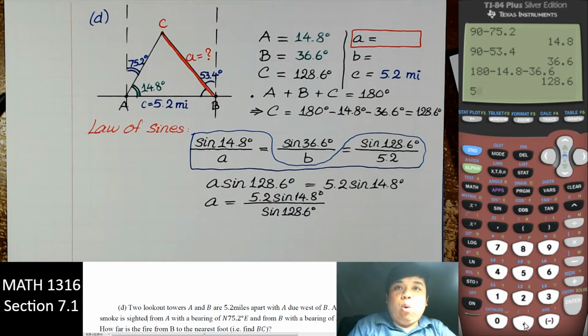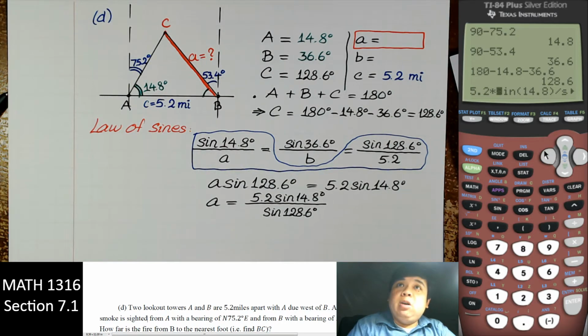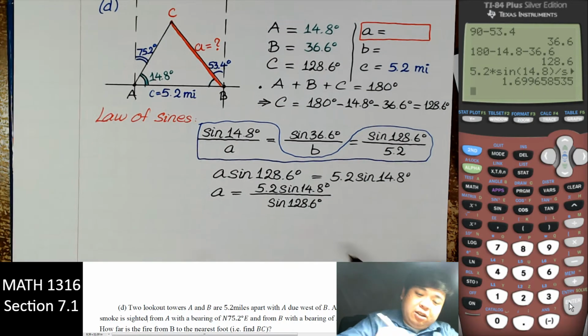Right, 5.2 times sine of 14.8 divided by sine of 128.6. I think it's better to put it in fraction form. Anyway, 1.6999.